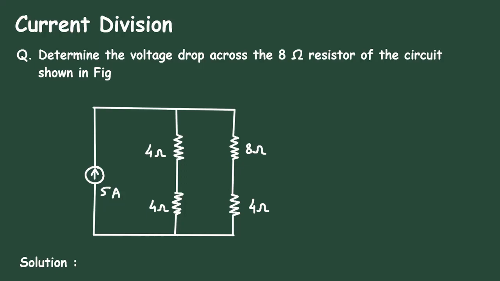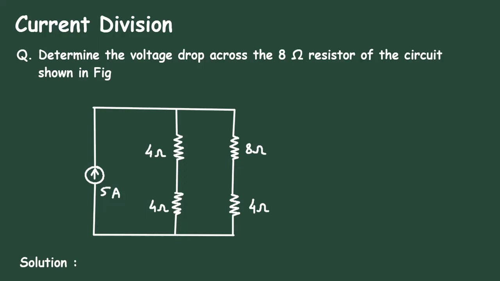The value of voltage V is the same, that is 10 volt, divided by resistance R1, which is 10 ohm. So current I1 is equal to 10 by 10, that is 1 ampere.